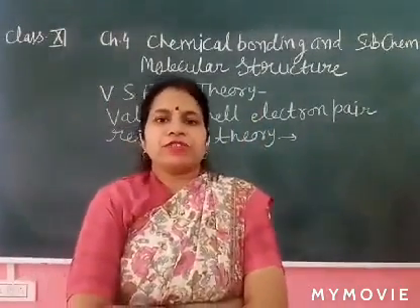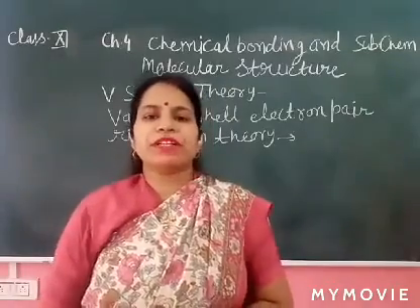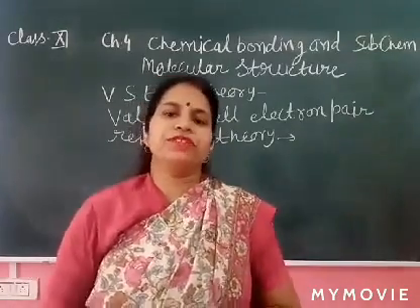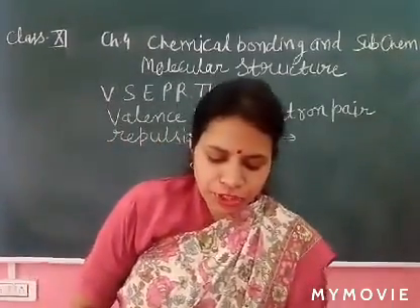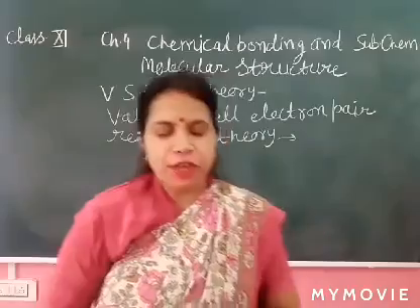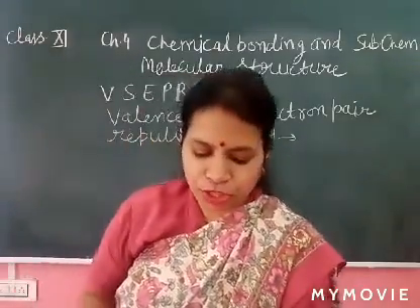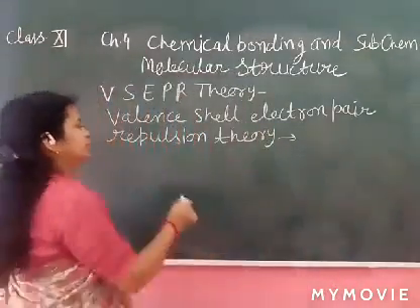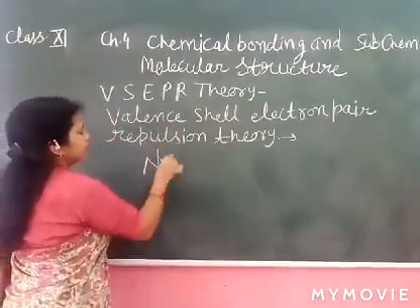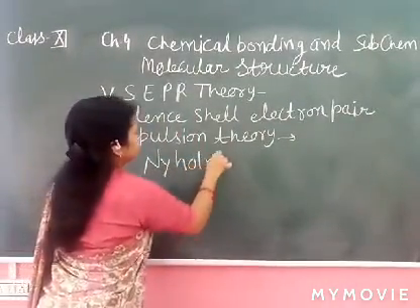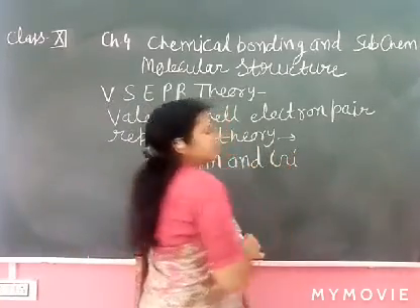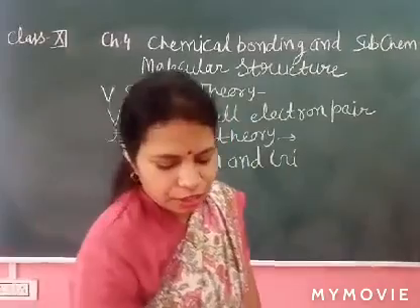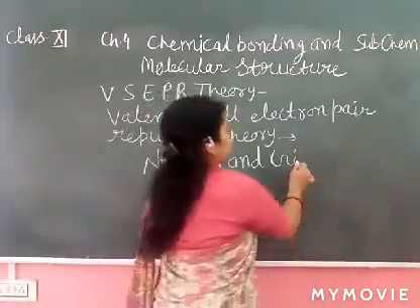In the valence shell, when there is repulsion, the geometry changes and the geometry is distorted. This theory was explained by Nyholm and Gillespie, the names of the scientists who discovered it.